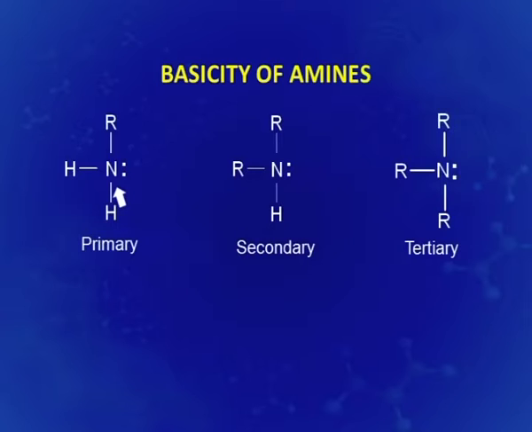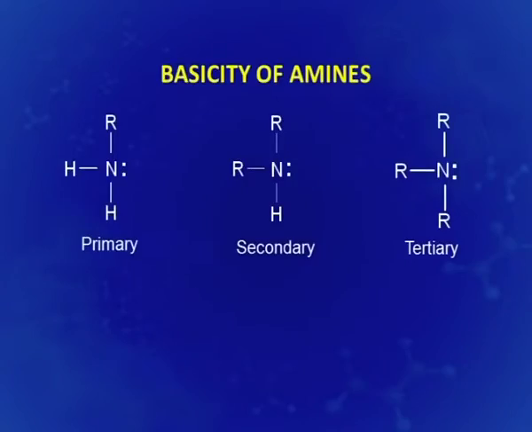As you can see, all of these amines, substituted or partly substituted, have an electron pair on the nitrogen atom, which can be donated to the species which will be electron deficient.